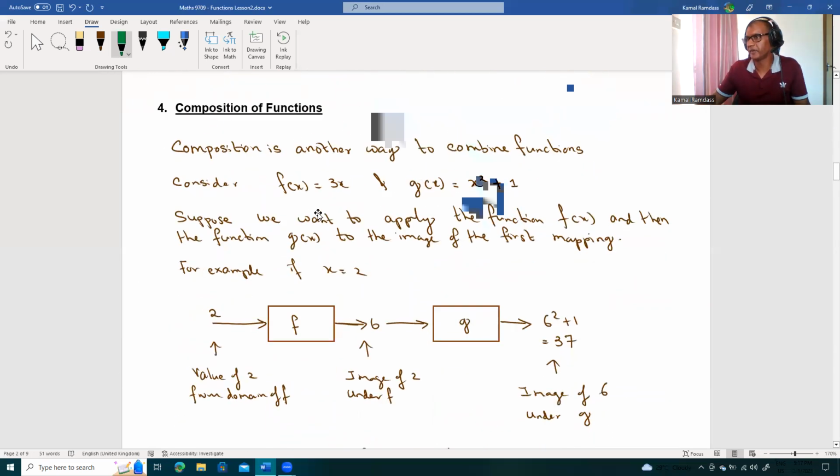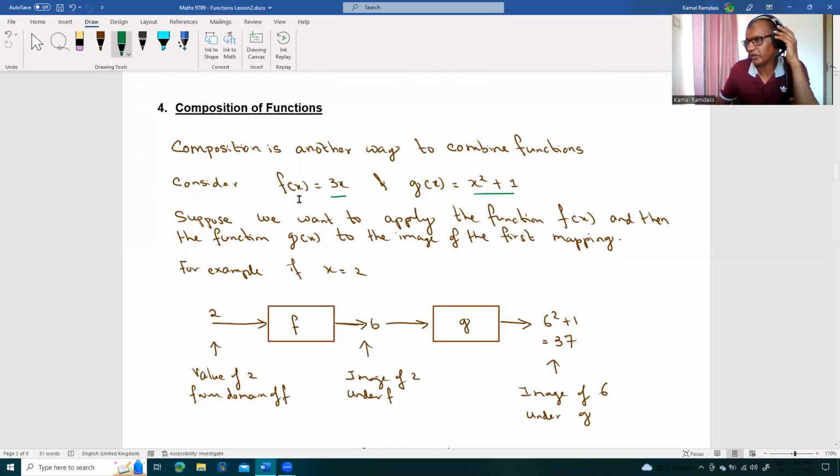Deux fonctions. F of x is equal to 3x. G of x is equal to x squared plus 1. OK? Nous pouvons supposer que the domain is x is an element of R. Suppose we want to apply the function f of x and then the function g of x to the image of the first mapping.